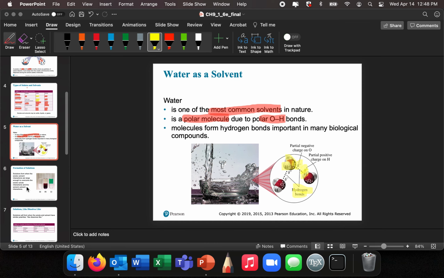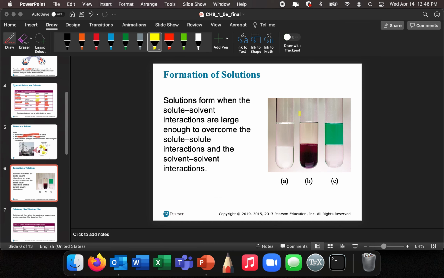So let's take a moment to talk about the formation of solutions. They form when the solute-solvent interactions are strong enough to overcome the solute-solute interactions, right? A solute-solute interaction is basically like two salt particles just hanging out together, and they're not going to be dissolved in water.